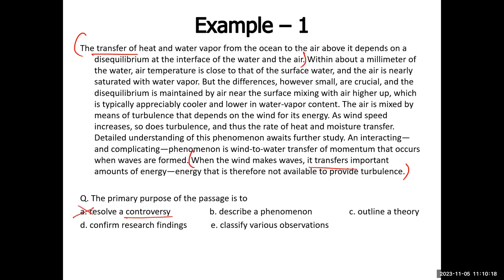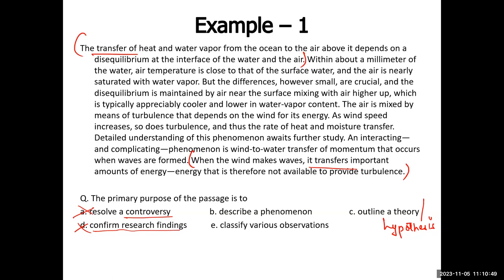When you read these two lines, do you think that he is confirming some research findings? He never mentions any research findings in these lines. So how can he confirm these research findings? So that also will not work. Is he outlining a theory or hypothesis? How will you know that he is outlining a theory or hypothesis?